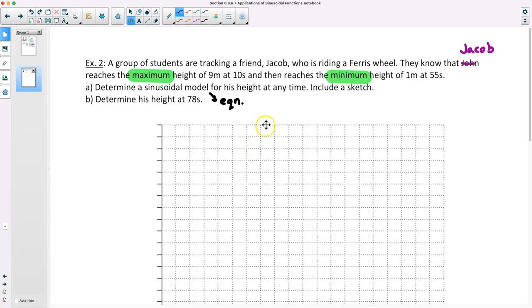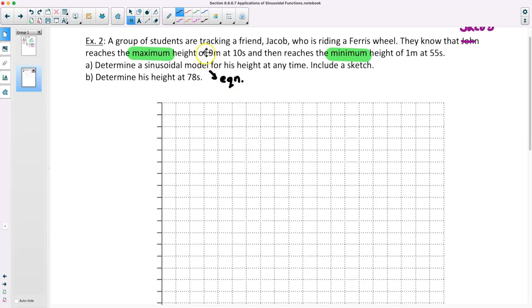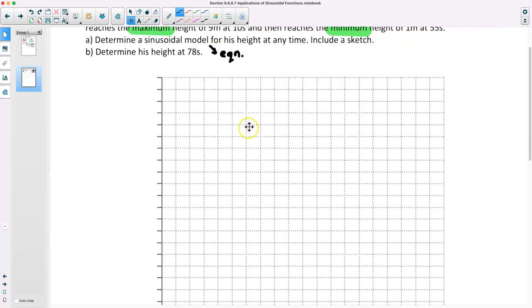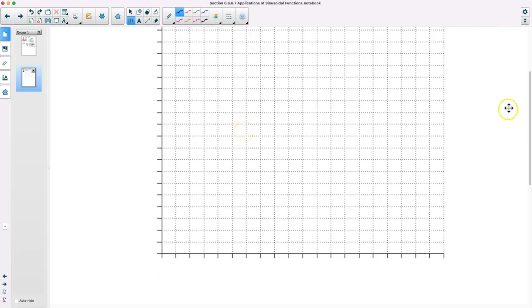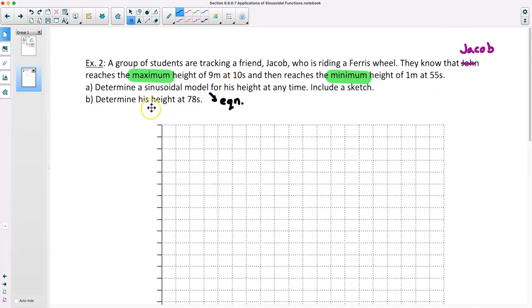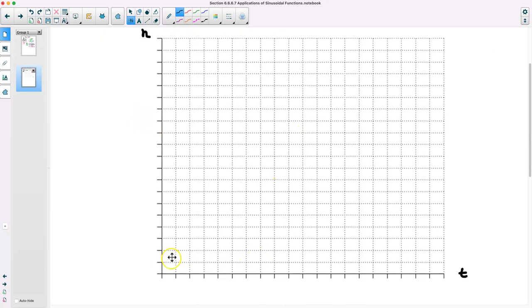Okay, so what we're going to do is organize our graph first. Because we have a maximum height of 9 and a minimum of 1, we're going to label this over here the time, t, and this is going to be our h. And what we can do is skip 1 and label each of these 1. So each of these is going to represent 0.5.